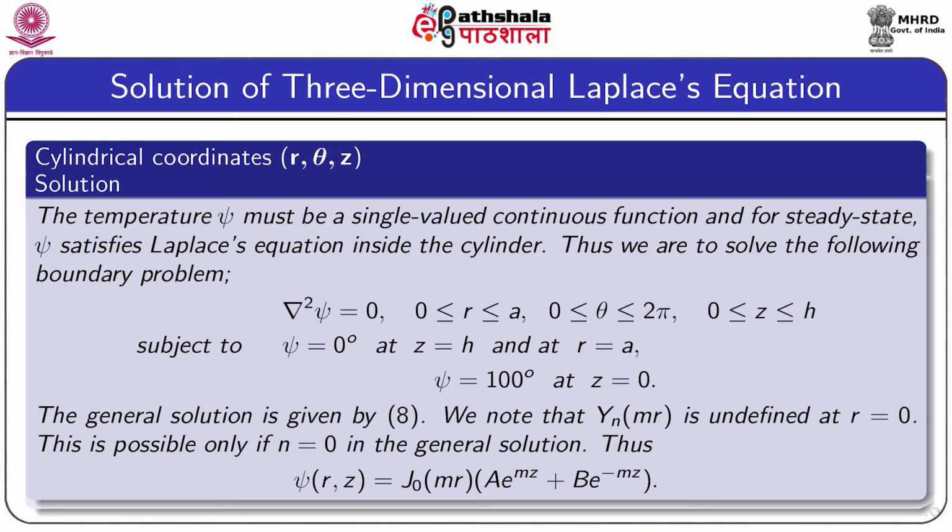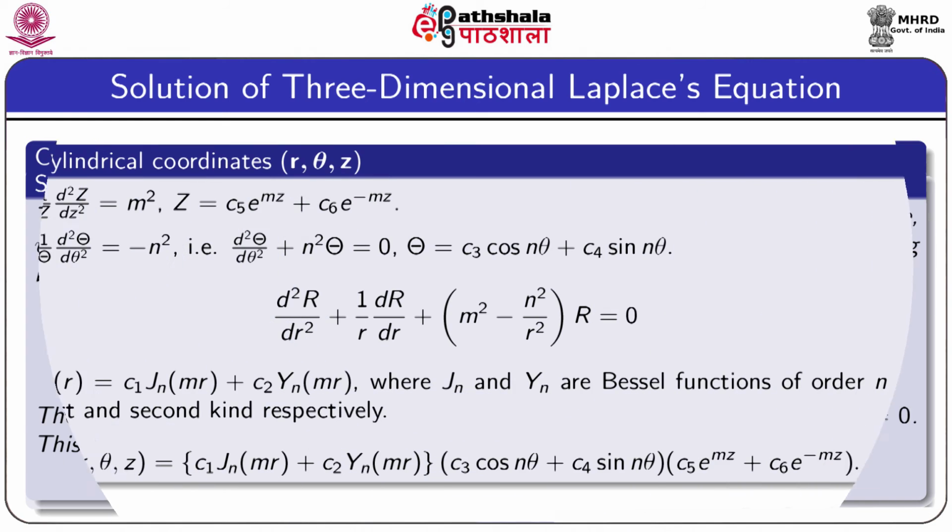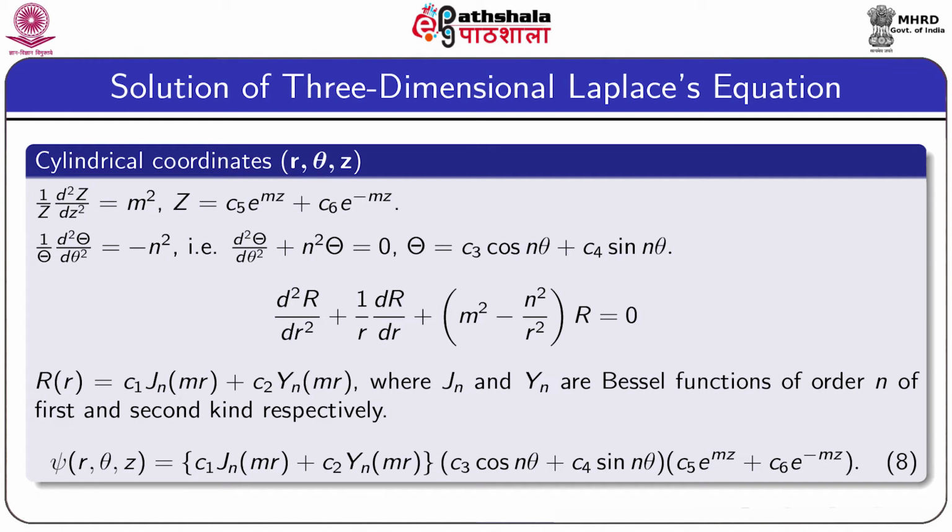So, from the boundary conditions, we can note that the solution cannot depend on the variable θ. So, it can be assumed that the solution is independent of θ. Also, it is to be noted that from the general solution, you can see that there is a term Yn(mr), which is a Bessel function of order n and of the second kind, and this Bessel function has a singularity at r = 0.